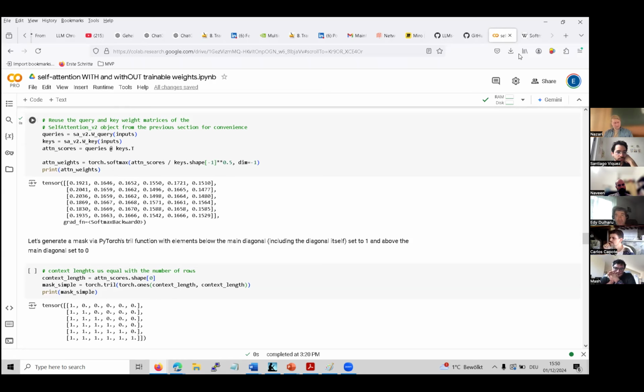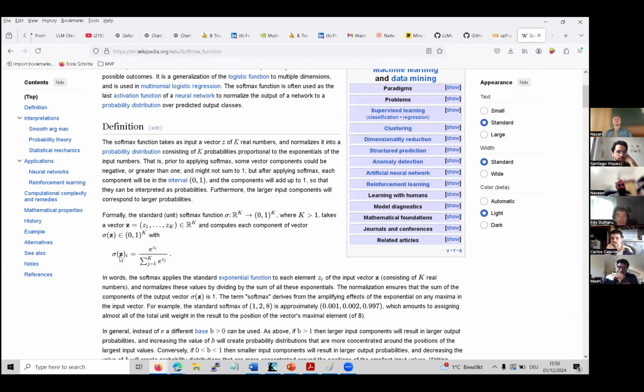When we did the first normalization, we took into account all the elements in the numerator, which means that within the softmax function, we already have some information about the future.